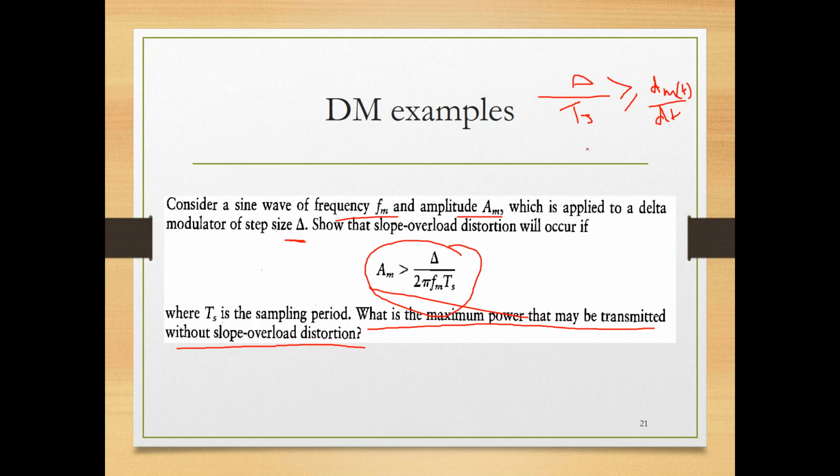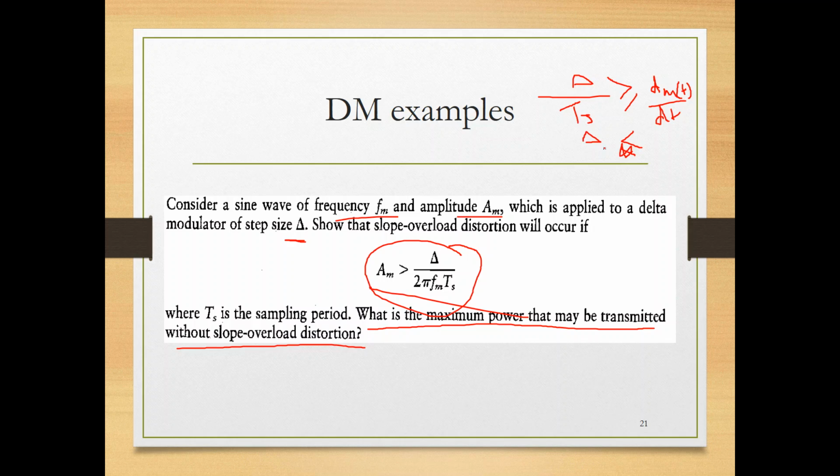So now he says slope overload distortion will occur if. So if you don't satisfy this, slope overload distortion will happen. Then this means that you need to reverse this. Actually, the complement of this, which is less.